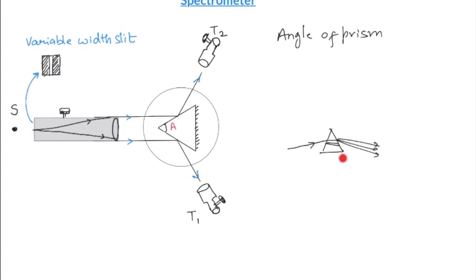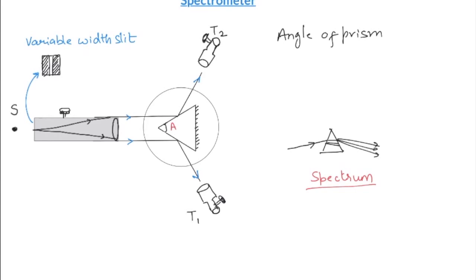So if we have a prism and white light is passing through it, then dispersion of light happens and we get spectrum of light on the other end. The main job of prism is to divide the light into its constituent colors.